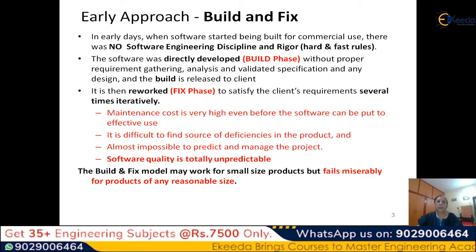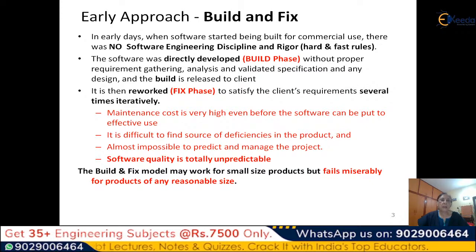In the build phase, the software engineer will try to understand whatever the client wants, and he will make a code, create the software, build it in the executable form, and give it to the client. It will be released. So it is only a single step.